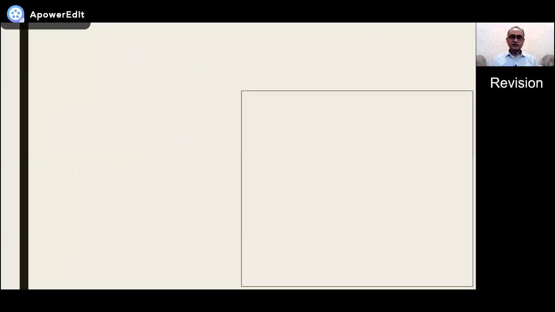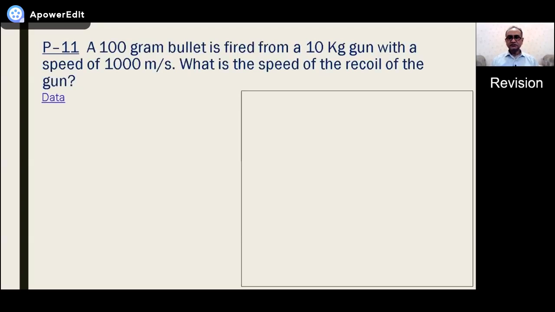Then we did a problem related to momentum. There is a 100-gram bullet which is fired from a 10-kilogram gun. Initially, both were at rest, so their initial velocities are 0.